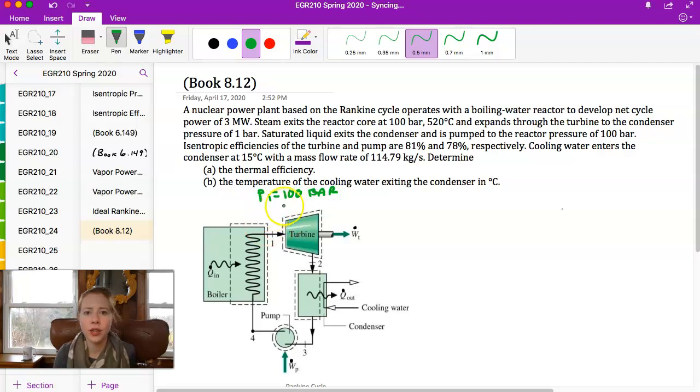T1 is 520 degrees Celsius. Okay, P2 is 1 bar. And we're going to number these parts of our condenser, 6 going out and 5 going in.